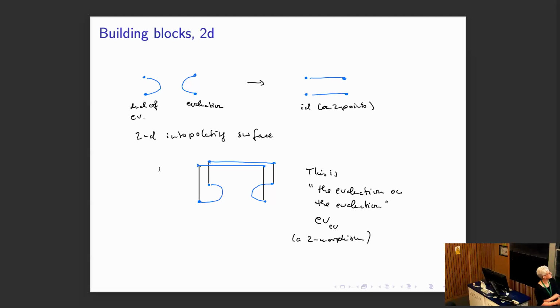So this is some saddle shape, in case you are not happy with my artistic abilities. But anyway, it looks like this at the bottom and like this at the top, and the whole thing looks like a saddle and is called the evaluation on the evaluation, and it's a two-morphism.